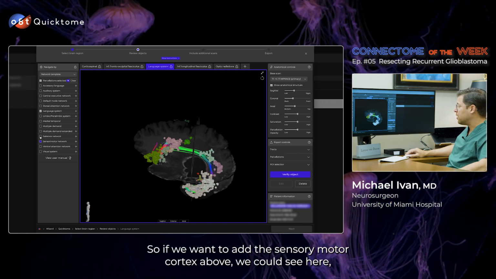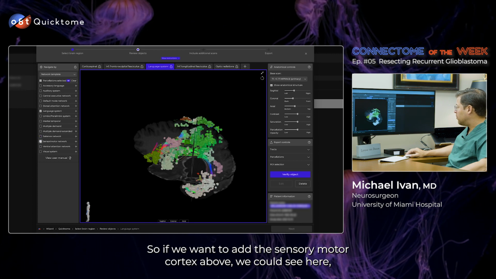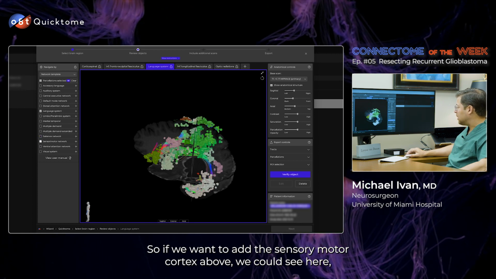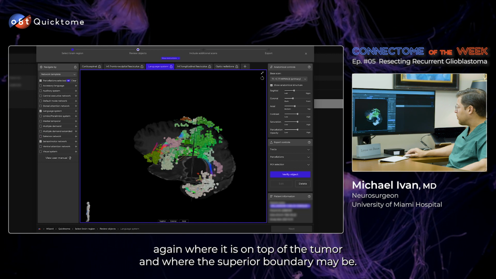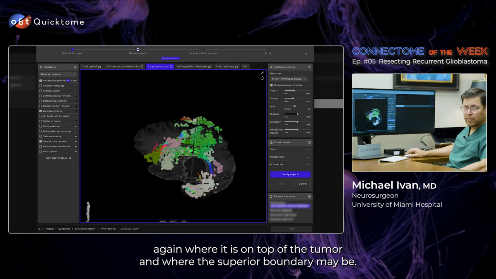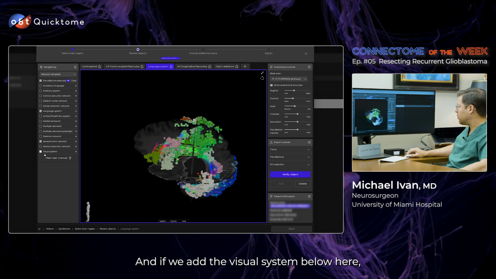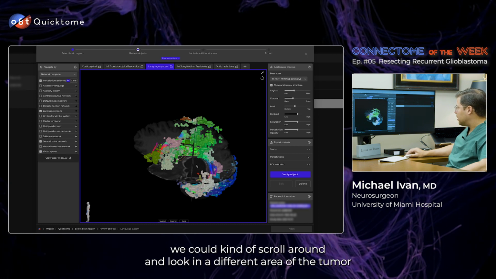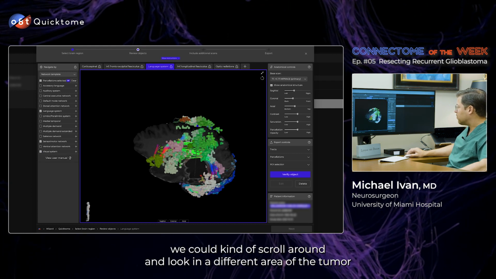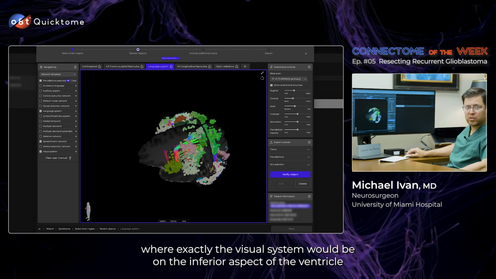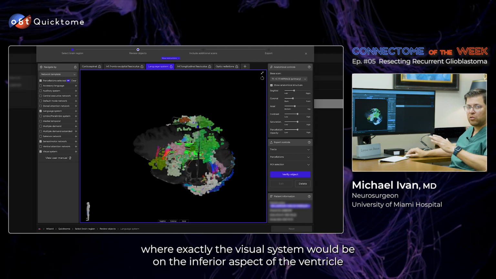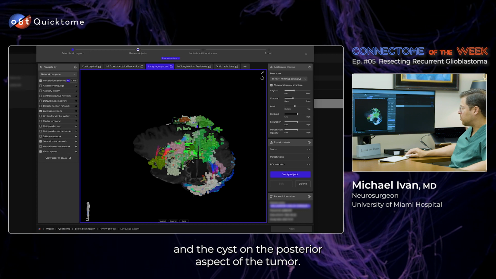So if we want to add the sensory motor cortex above, we could see here again where it is on top of the tumor and where the superior boundary may be. And if we add the visual system below here, we could scroll around and look in a different area of the tumor where exactly the visual system would be on the inferior aspect of the ventricle and the cyst on the posterior aspect of the tumor.